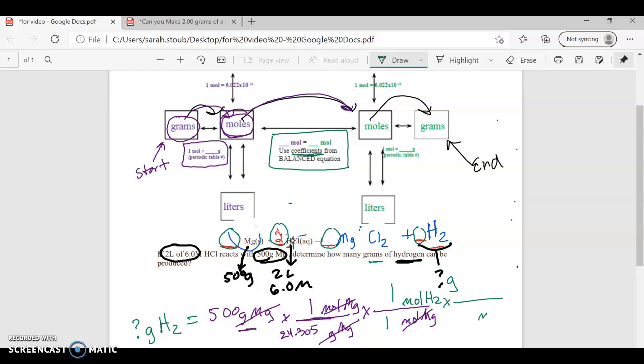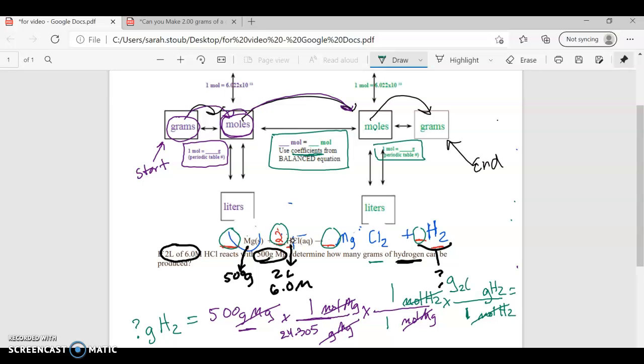Last step, I've got to get out of moles of hydrogen, put it on the bottom, that way it cancels. And it's my last step here to go from moles to grams. Grams of hydrogen. Again, here's my conversion factor right here. 1 goes with mole, and grams is your periodic table number. So if you look in the periodic table, you see hydrogen is worth 1.0079.